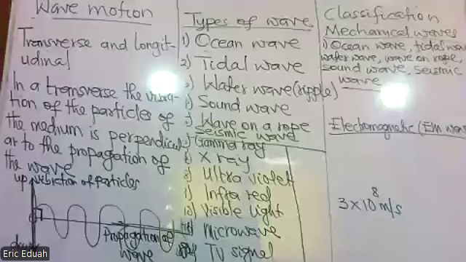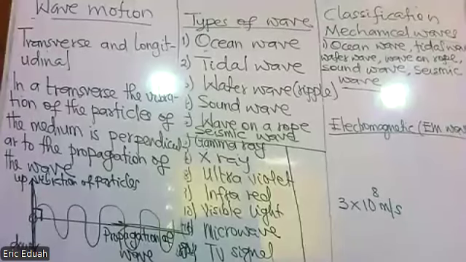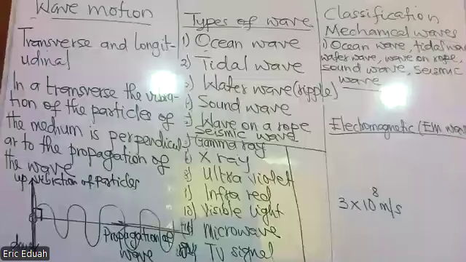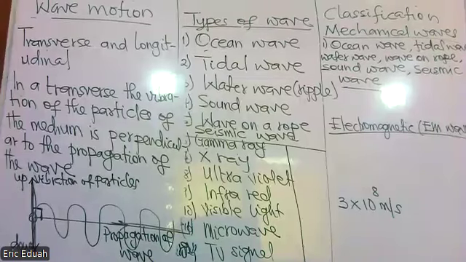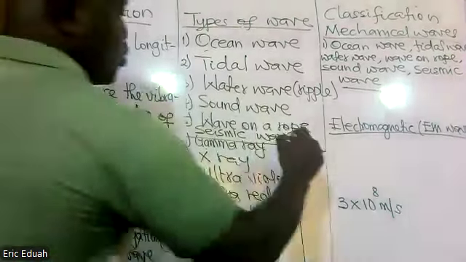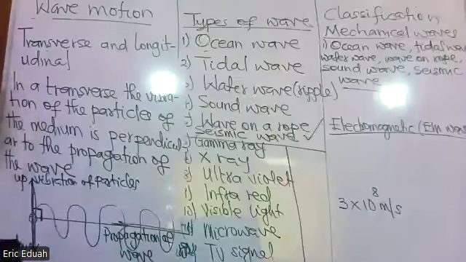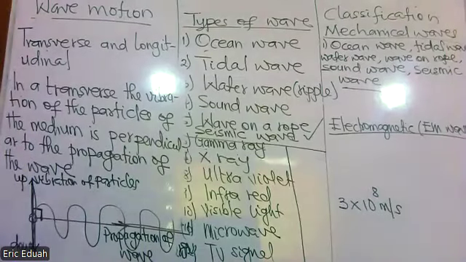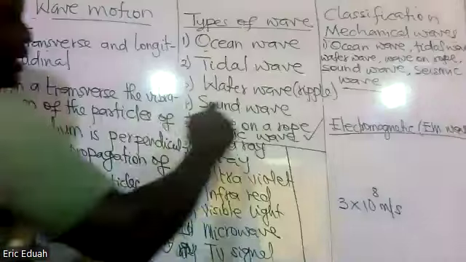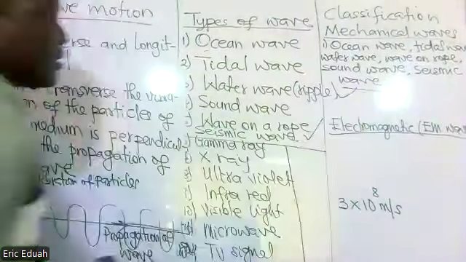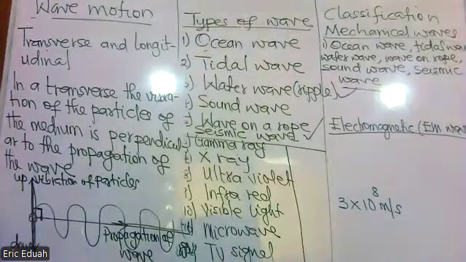Apart from electromagnetic waves, a wave on a rope is also transverse. Okay. Water wave is also transverse.